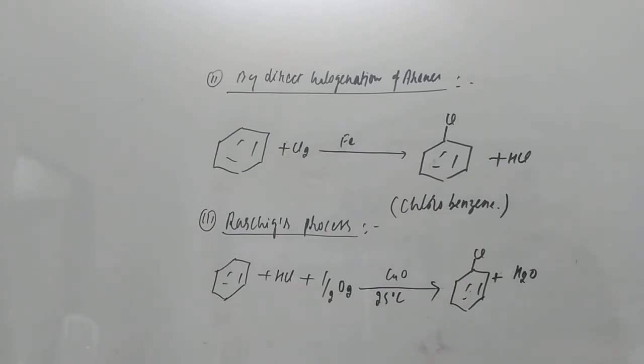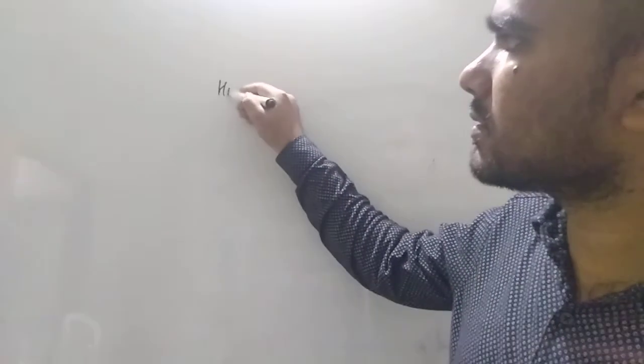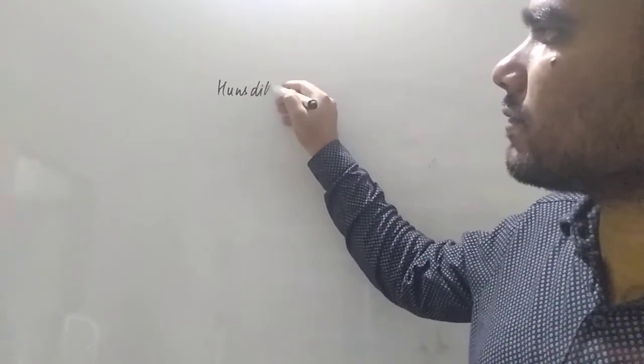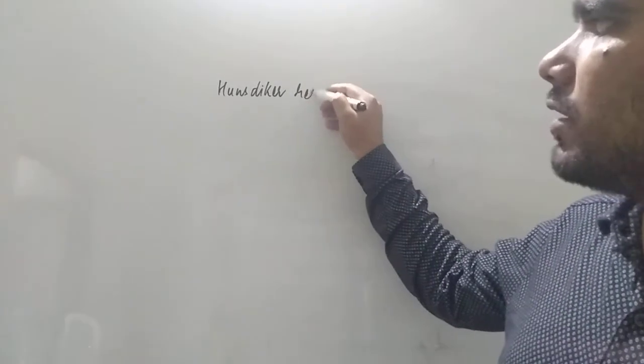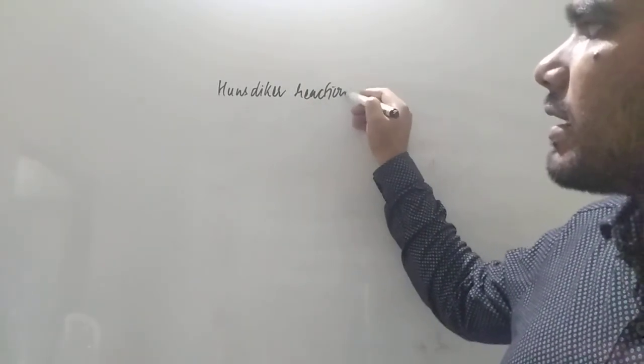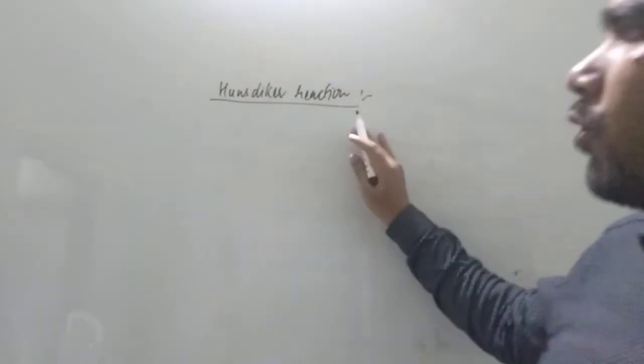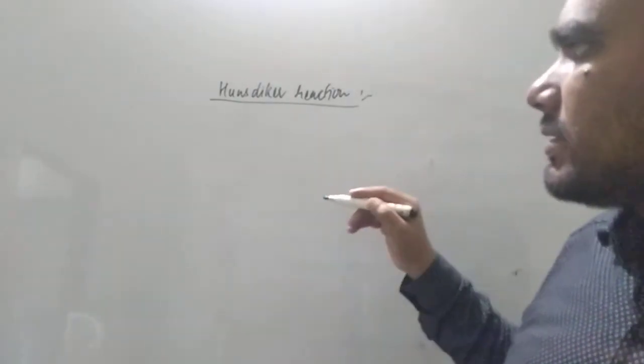Now let us move on to the fourth method, students. The last method is the Hunsdiecker reaction. This is also not in the CBSE board, student, but it is very important for NEET and JEE students.